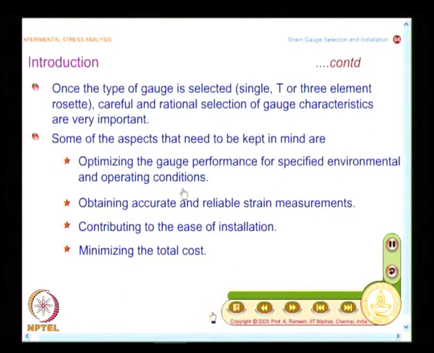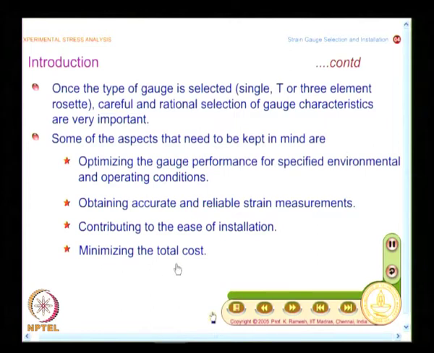And obviously, you want accurate and reliable strain measurements, that is the basic focus. And in certain applications, ease of installation also dictates the selection. This is also an aspect which needs to be weighed in rational selection of strain gauge characteristics.